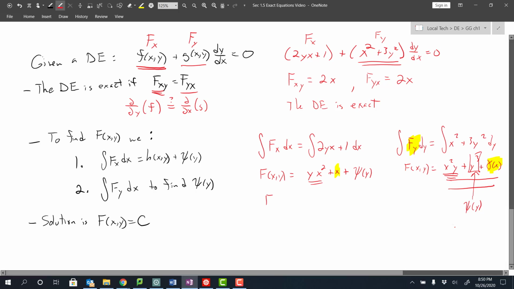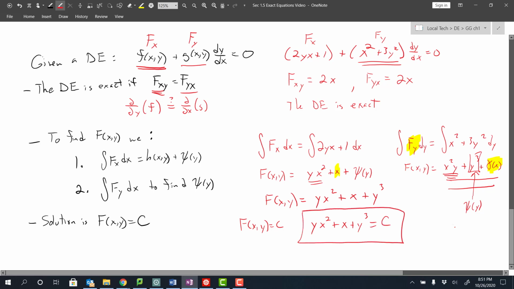When everything is said and done, now I can see that my function is y x squared plus x plus y cubed. And then my solution to the differential equation, remember, is supposed to be the function equal to a constant. So my final solution would be this equal to some constant. This is the general solution, the family of curves that satisfies the differential equation.